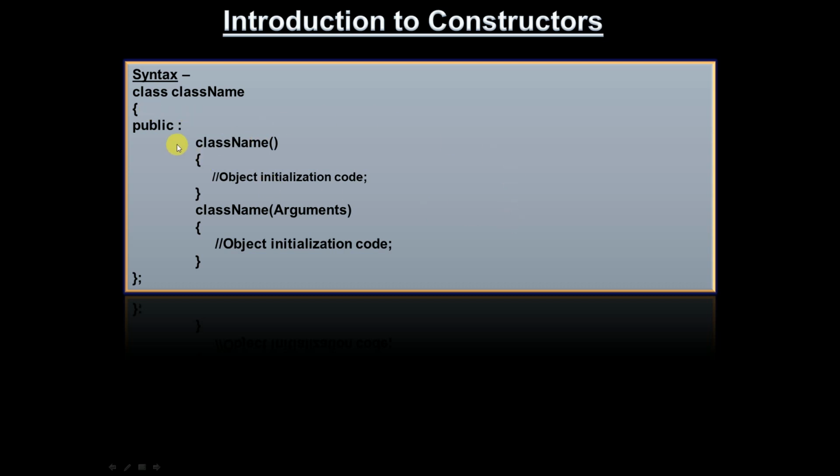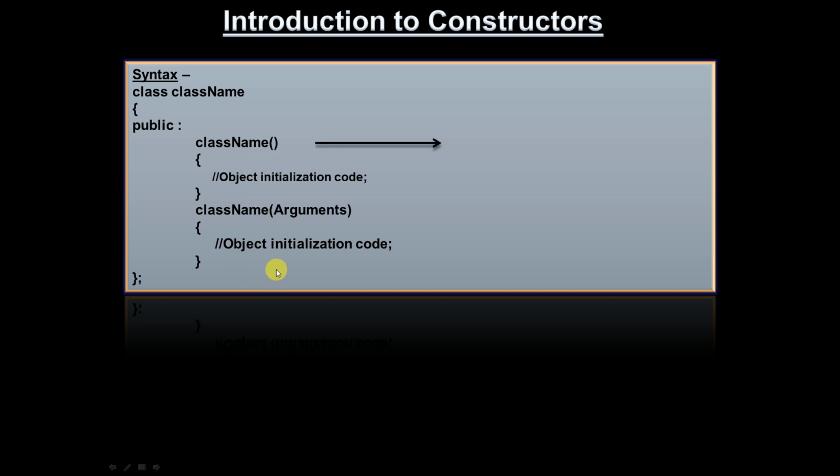Now you can see the class name here with no arguments, where you can write the object initialization code, and another one with class name and arguments. So, without arguments and with arguments, we can see two different types of constructors, right? So what are those constructors?